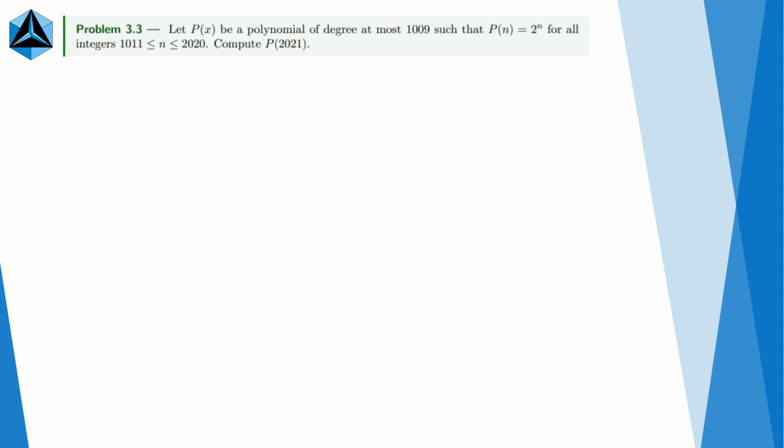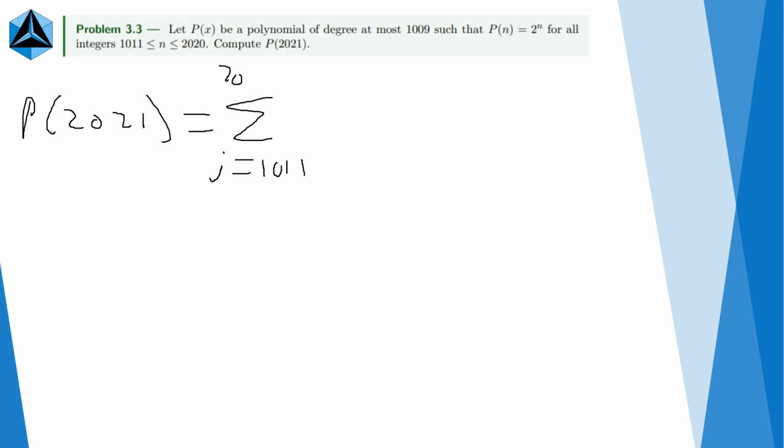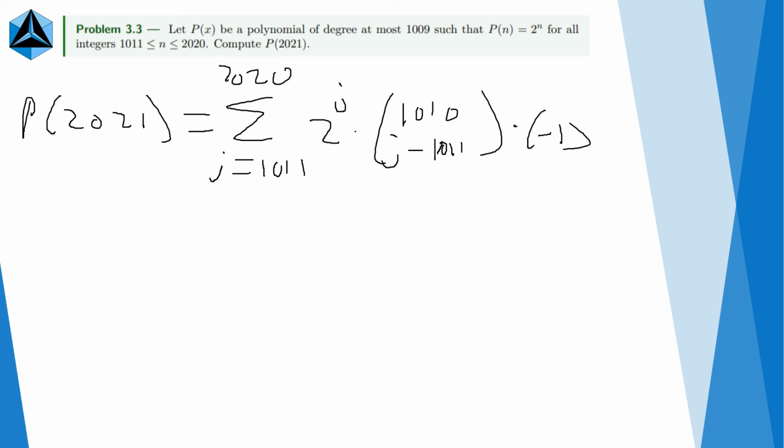And so we can put this together now. Here's a new slide. When we put this together, we get that P of 2021 is equal to the sum from j equals 1011 to 2020 of 2 to the j times 1010 choose (j minus 1011) times -1 to the jth power.